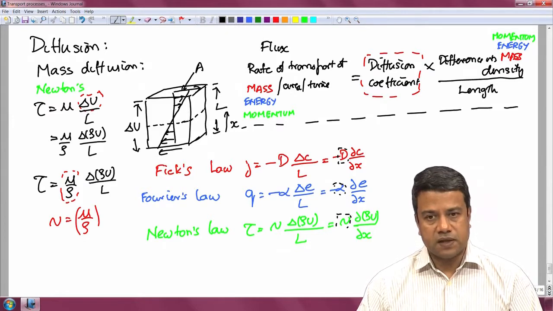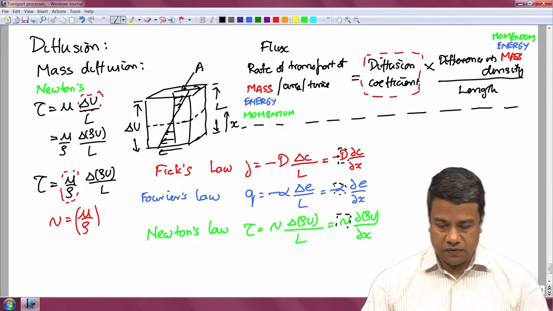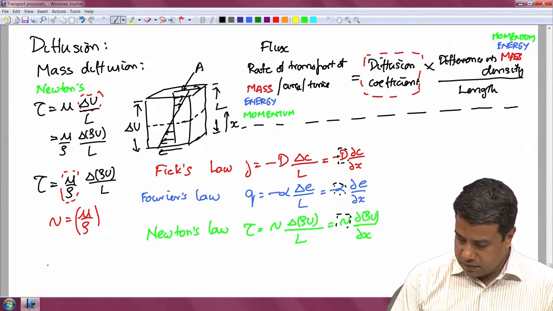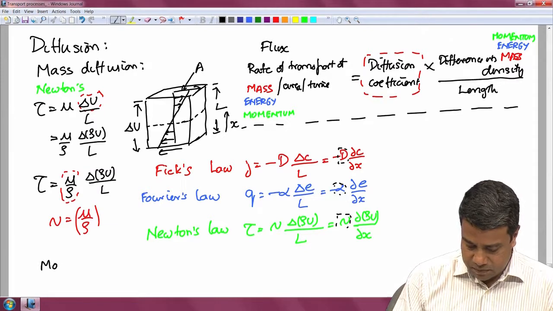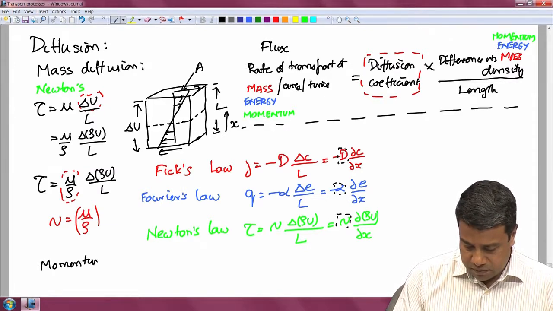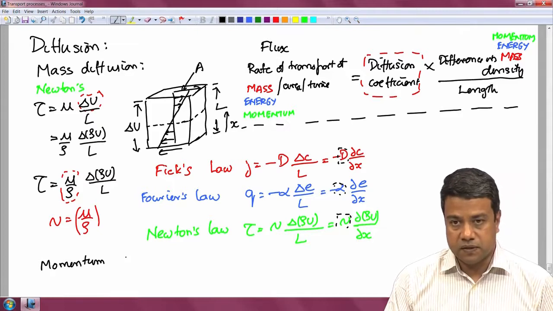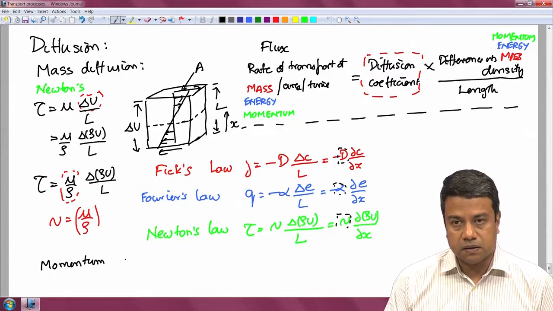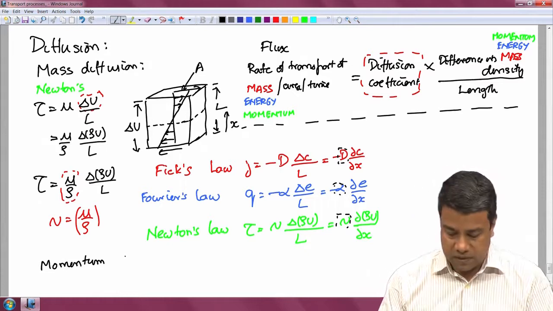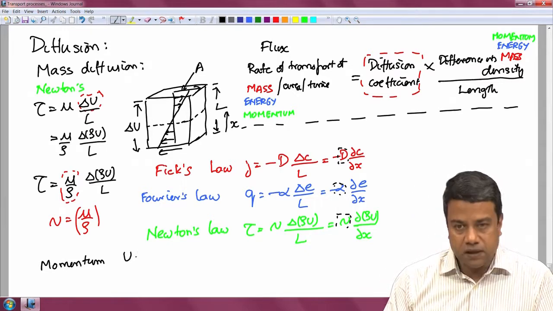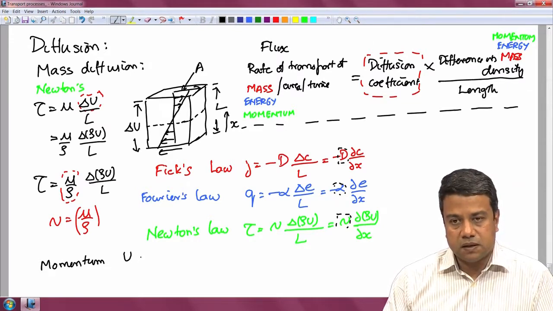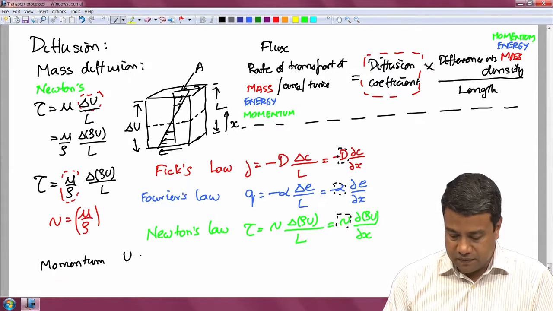So, for example, for momentum, the ratio of convection and diffusion: I told you that convection of momentum will go as the velocity times the momentum that is being carried along with the flow, which is just the momentum density itself.